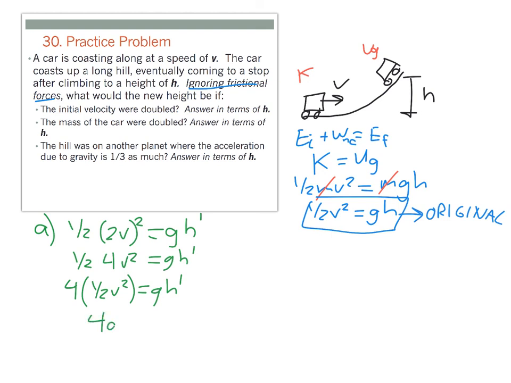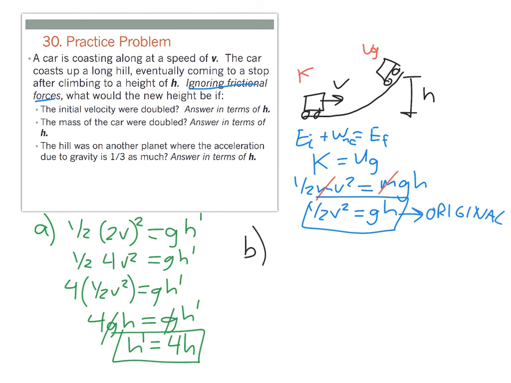So 4gh equals gh prime, which means that my new height is simply 4 times my original height. As always, if you can make the jump here and see that velocity squared is proportional to height, so if you double the velocity, the height increases by a factor of 2 squared, or 4, you certainly are more than welcome to justify that rather than doing this derivation.